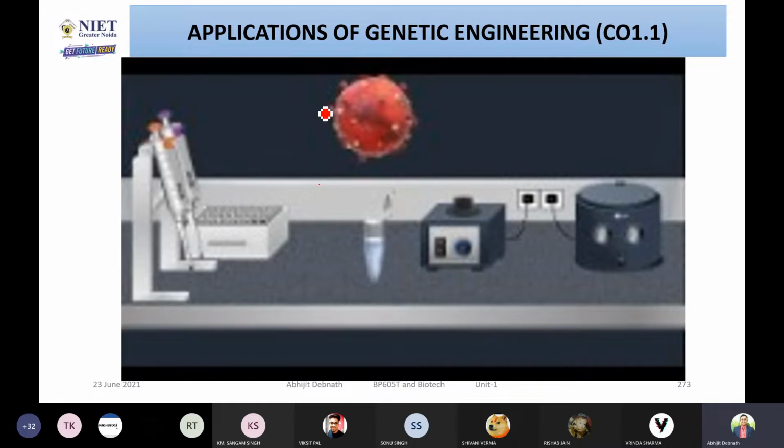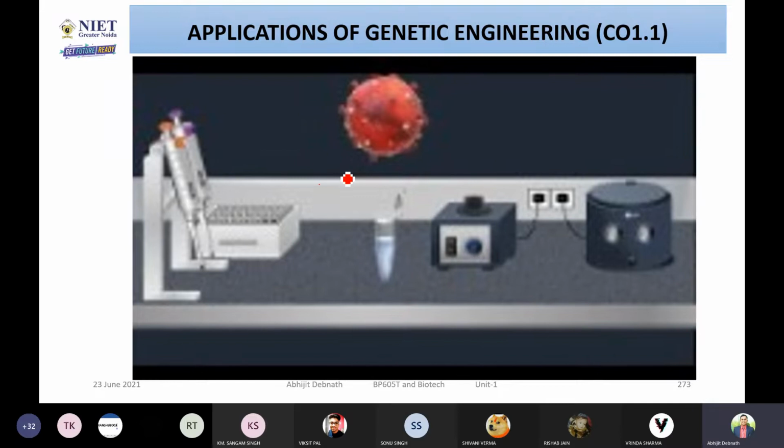Let me zoom properly. Just a second. Yeah, I hope it is very much clear now compared to before. Let me play.